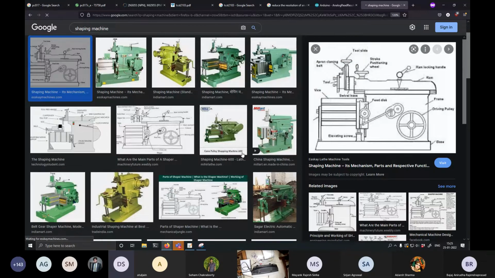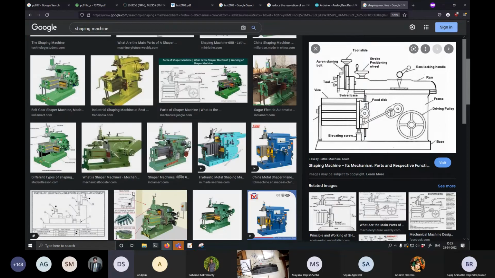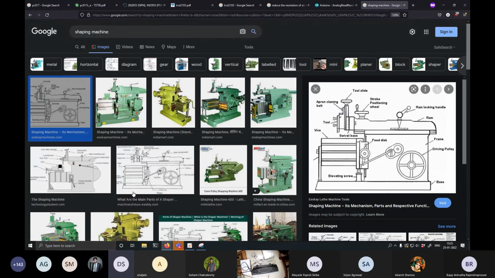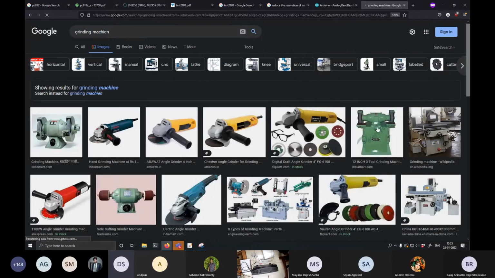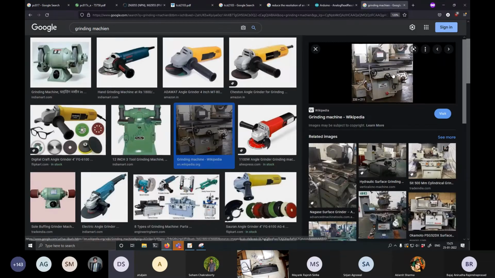So on this shaping machine, there is a big vise. Was it a shaping machine or? It was a grinding machine. Yeah, something like this.